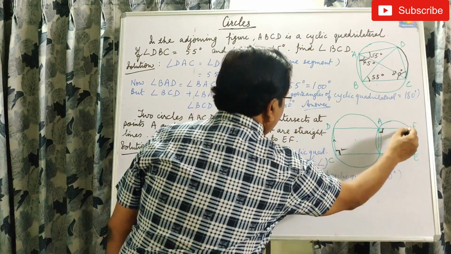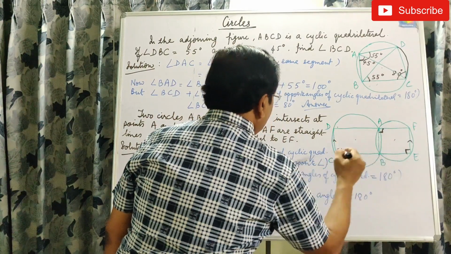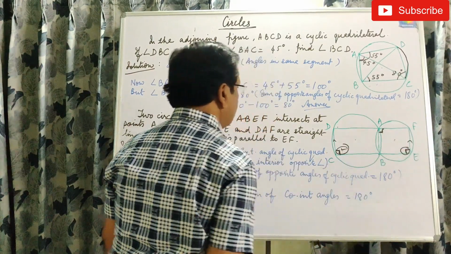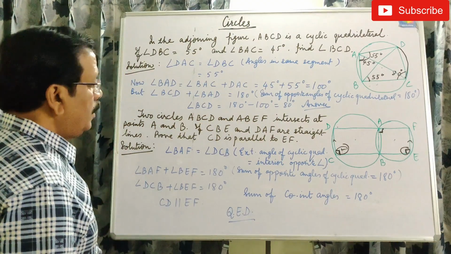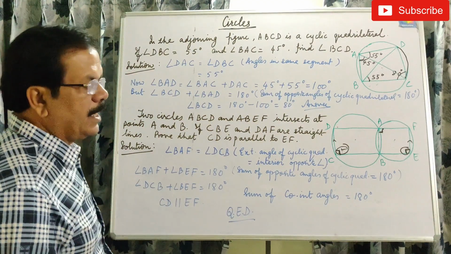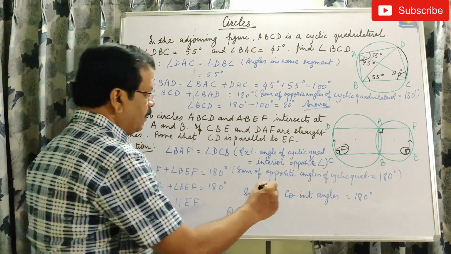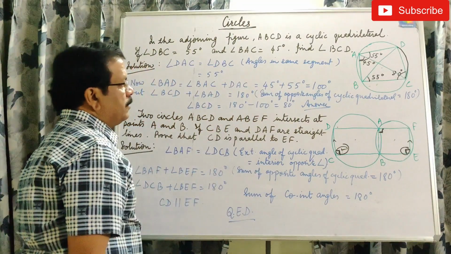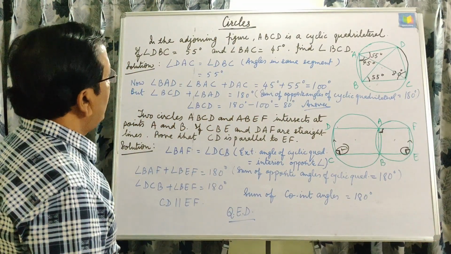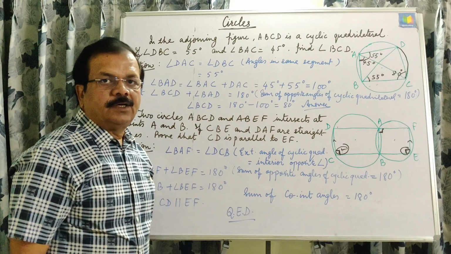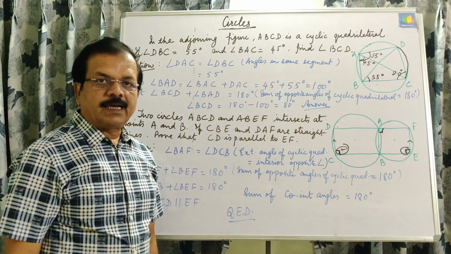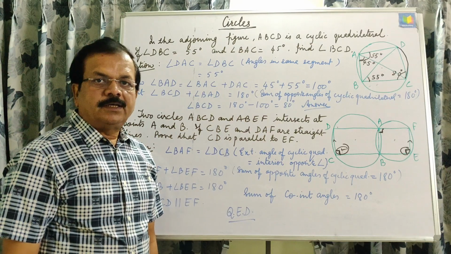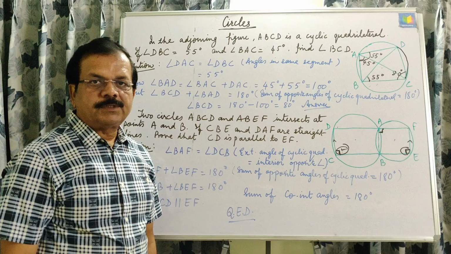So DCB plus this angle is equal to 180 degrees. The sum of co-interior angles is 180 degrees, and that is why CD is parallel to EF. Okay, this is all about this question, and this way we studied all the properties of cyclic quadrilateral and angle properties that we studied through all the theorems.